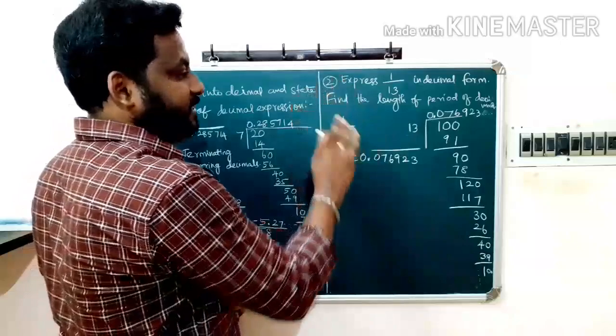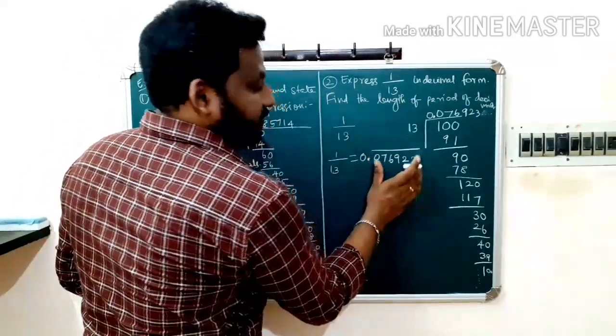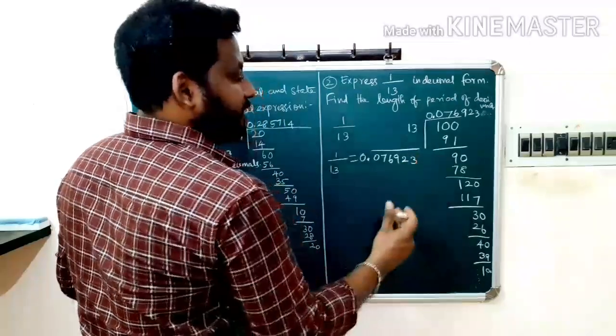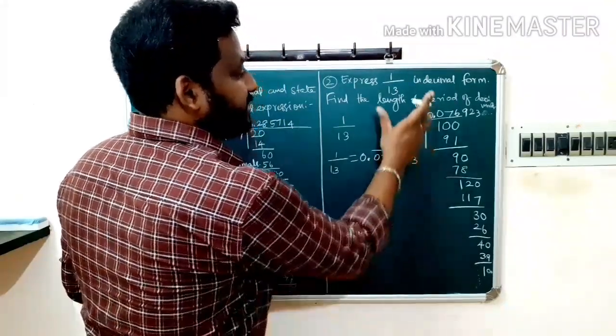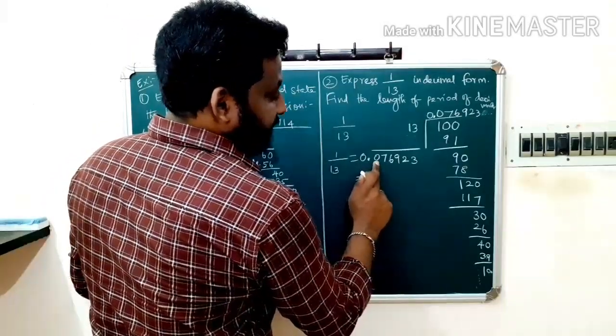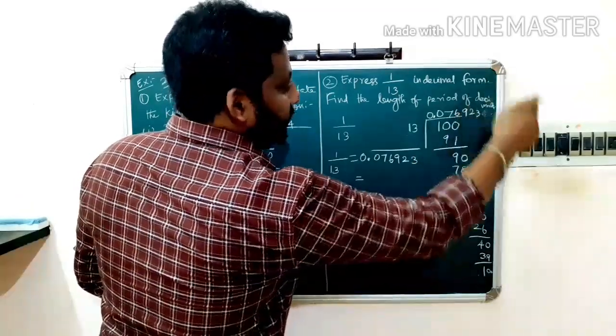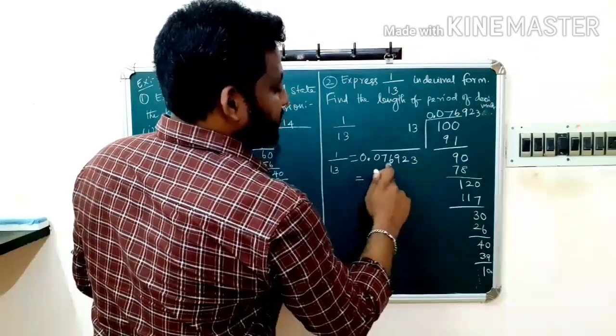Here we have to find the length of the period of decimal. We know the definition: the digits of the decimal that are repeating are considered as the length of the period of decimal. Here what is the number of decimals repeating? 0.76923, the same number will be repeating afterwards.